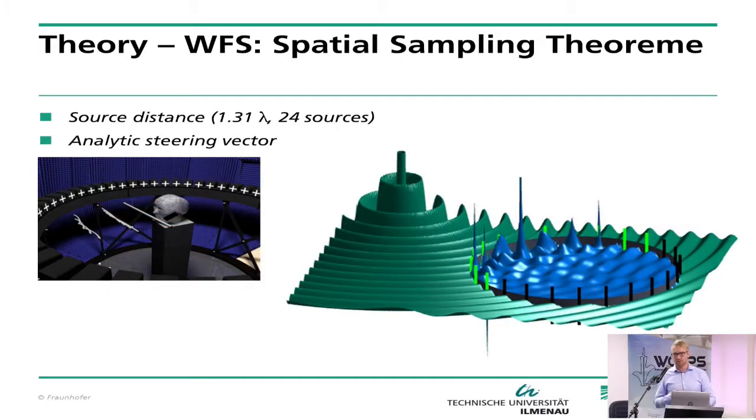And how about the number of antennas that we need? I showed that we need a distance of less than half of lambda. And here in this example, we have also the primary wave again. And these bars represent the antennas. And the green bars represent the active antennas. And if we have 24 and a distance of 1.3 lambda, the field inside doesn't look at all like the field that we want to produce.